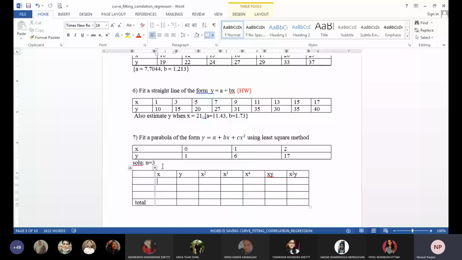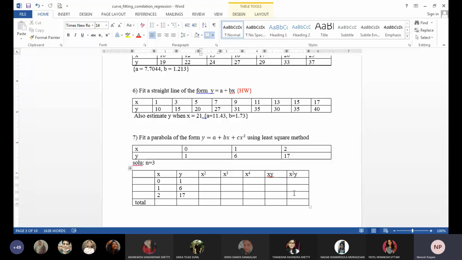Now here the values of x are small enough, so I will continue with the values which are given, and then I will complete the table containing this many columns. Compared to your straight line, the number of columns will be more, because in a straight line we have only 2 equations.